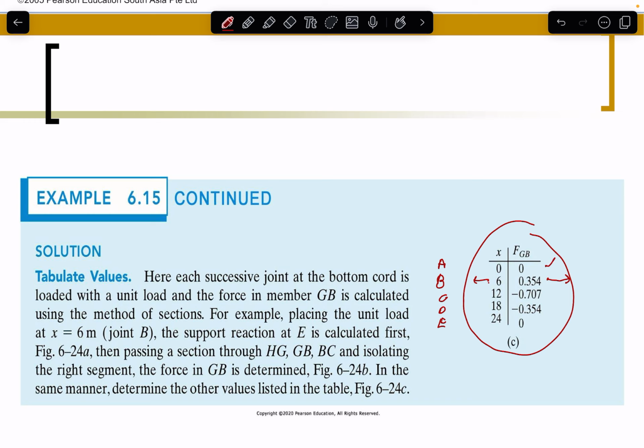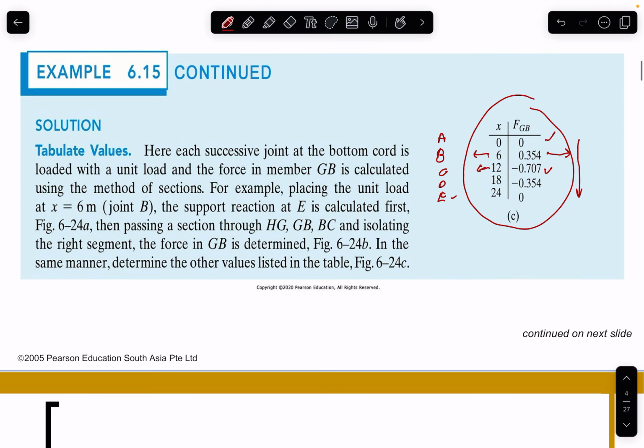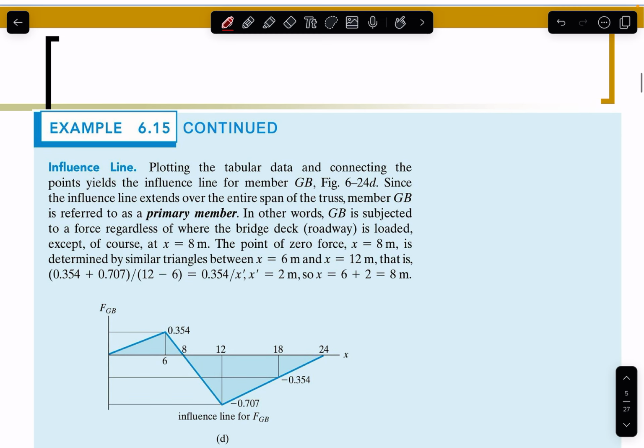So the first one you get FGB 0. For the second one, when you place 1 unit at B, you will have 0.354. Then you move the 1 unit force to C, which is 12 meters. Then you have FGB of negative 0.707, and so on until you move the 1 unit force to the end point, which is E. Okay, so you have this table, then you can draw your influence line.